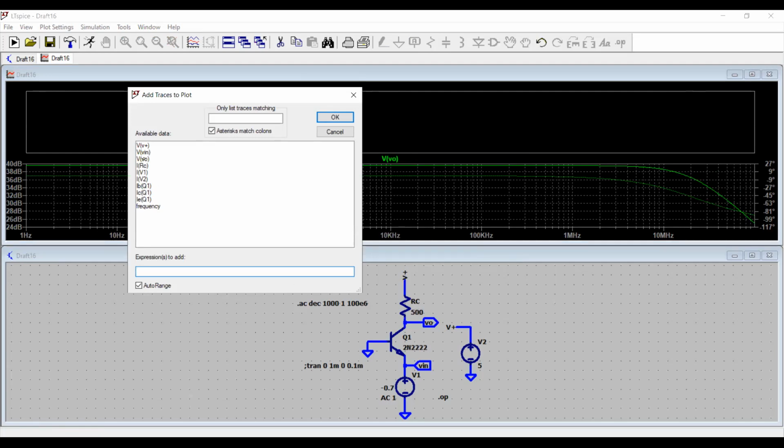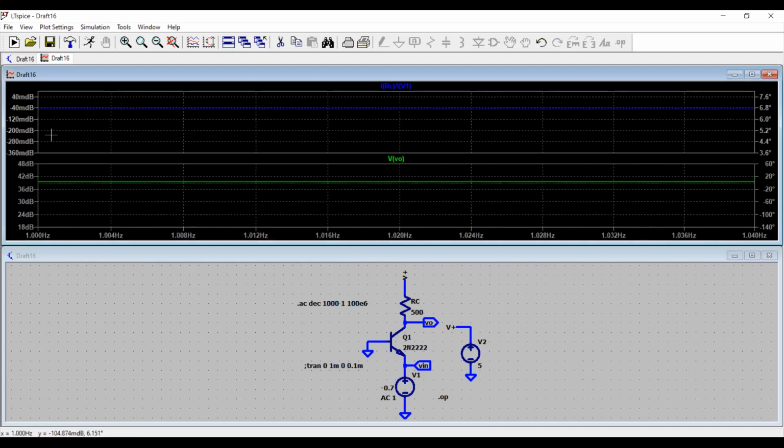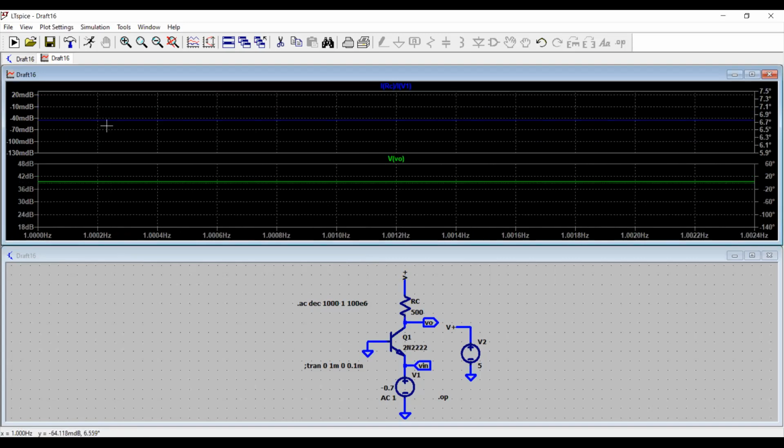Now I will just take the output current, which is I of RC, for example, and then divided by the input current, which is this one. So as you can see, I have a gain of approximately zero, minus 40 milli dB.